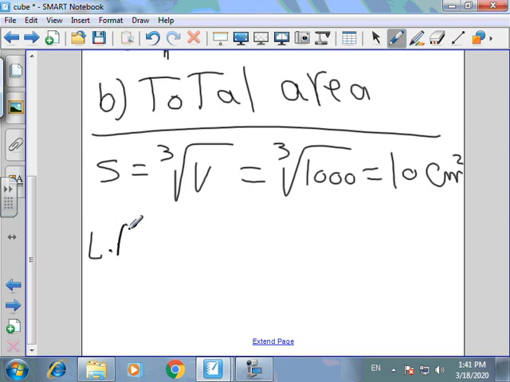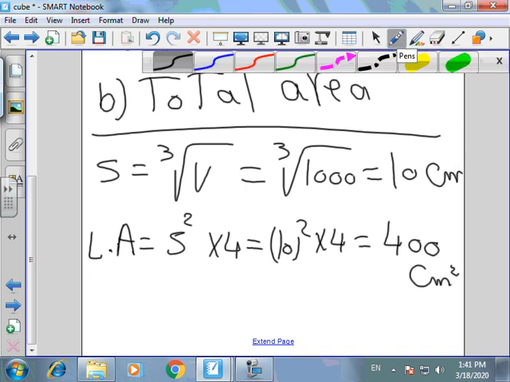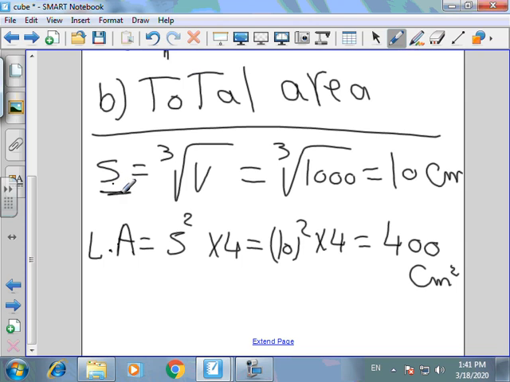The lateral area equals side squared times 4, which means 10 to the power 2 times 4, which equals 400 centimeters squared. Sorry, here we don't have a square, excuse me. The side is only in centimeters.